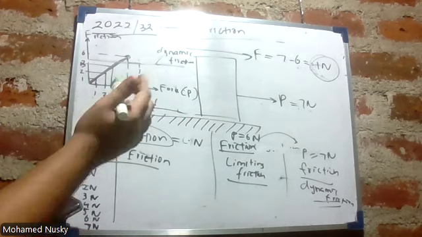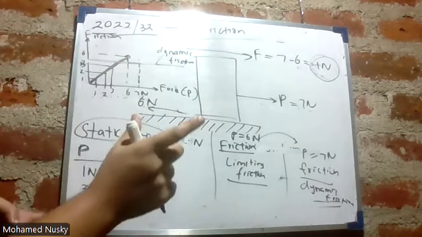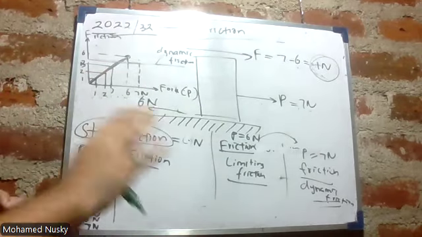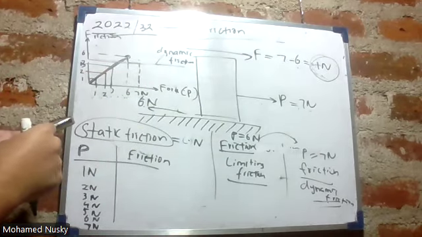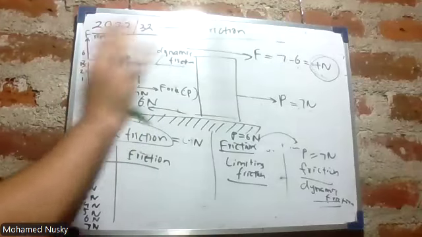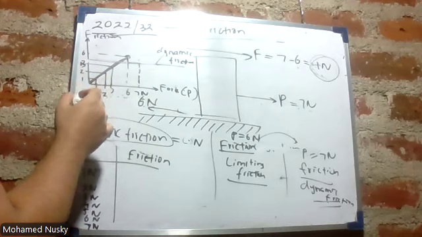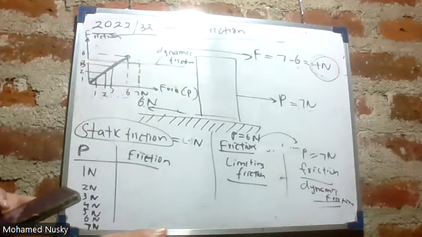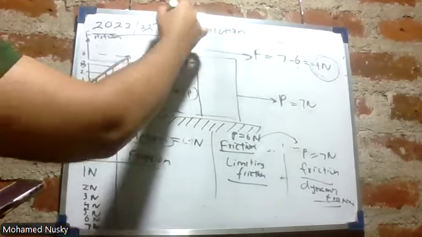Gradually increase, slightly drop, and remain constant. Therefore, the answer is fourth.